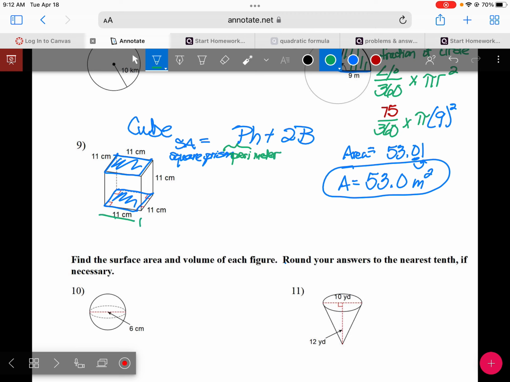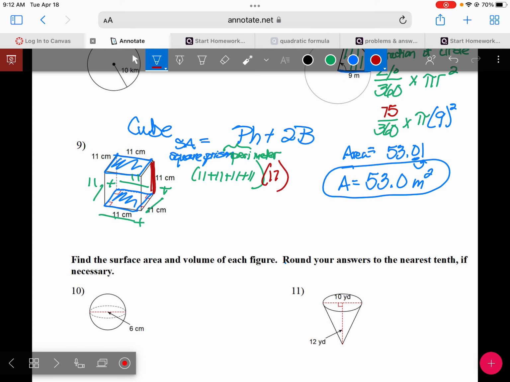So that would be 11 plus 11 plus 11 plus 11 times, what is the height? What is the height of this cube from the base to the base? The length in between from one base to another. It is 11.